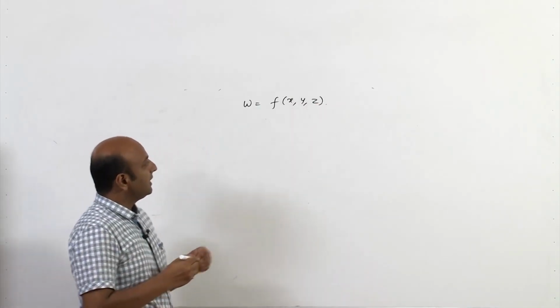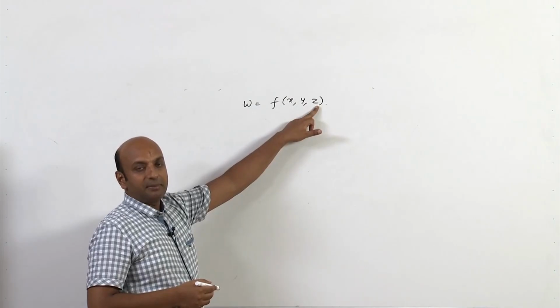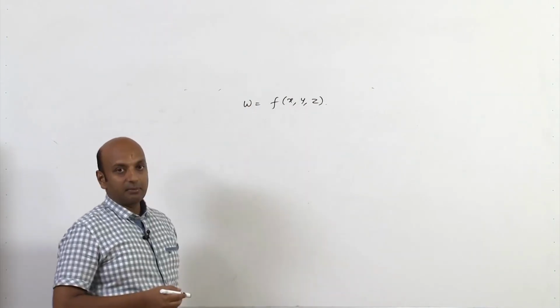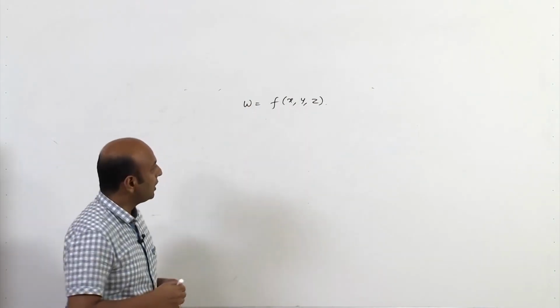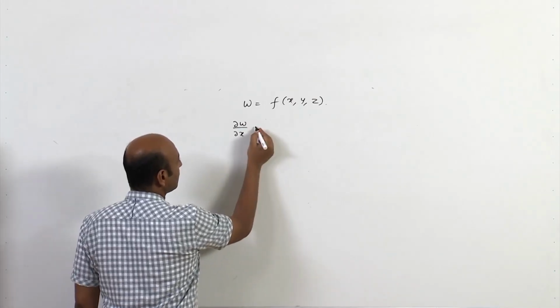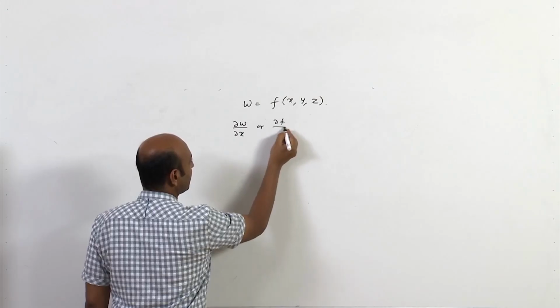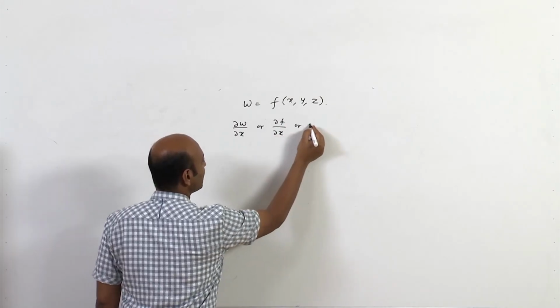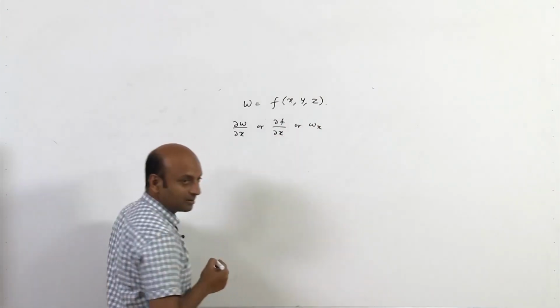Now, here x, y, z are independent variables and w is a dependent variable, okay. Now, if you want to compute del w by del x, or we can say del f upon del x, or we can say wx, okay.